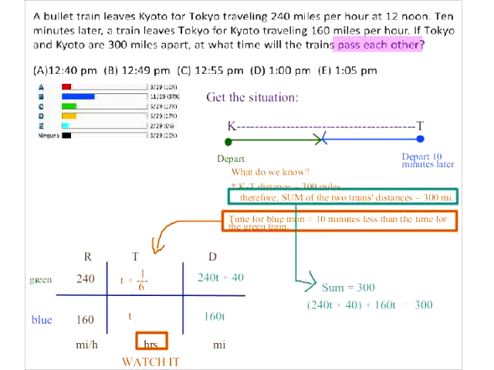So if you do this, we have 400t plus 40. So 400t is 340. So t is 34/40, which is 17/20.